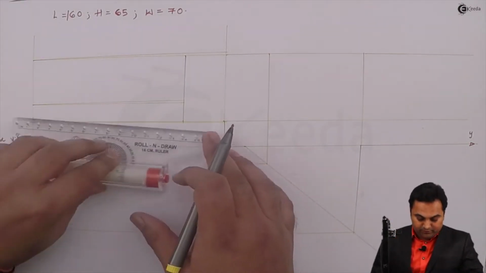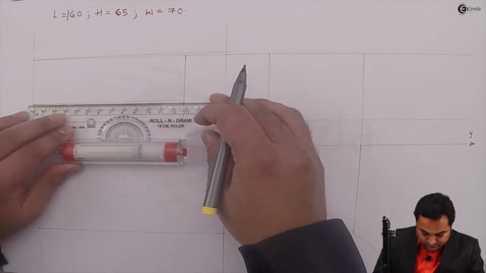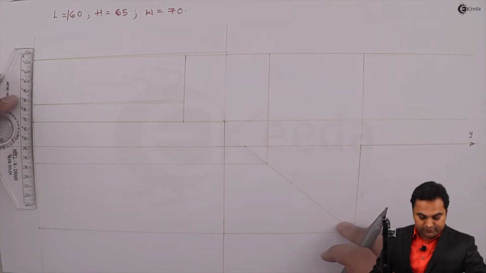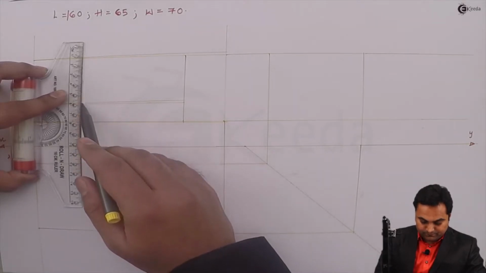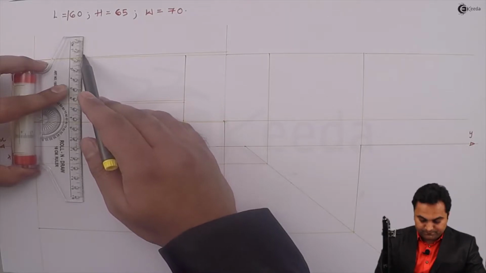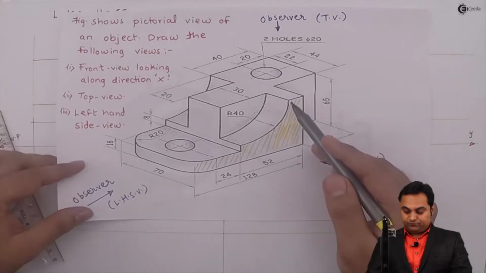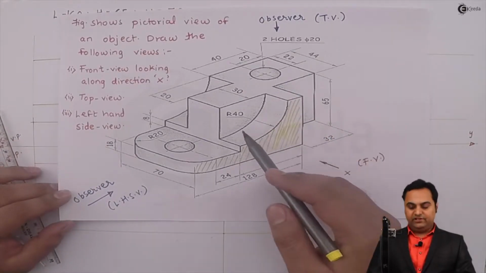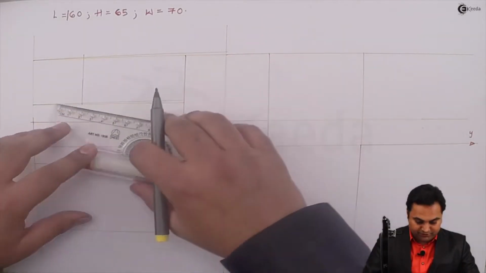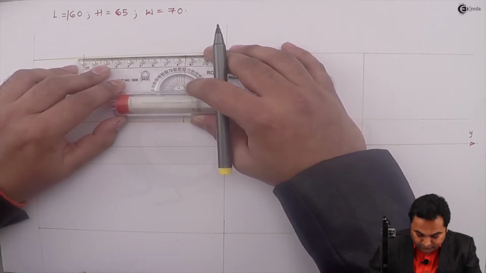So I'll take 44 mm length and then draw a light vertical line through it, projecting it with the help of a light line. And next, here this arc has a radius of 40, so its center will be located here. I'm going to measure the distance as radius 40 from here.